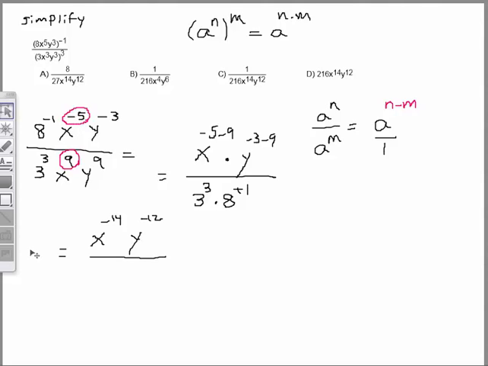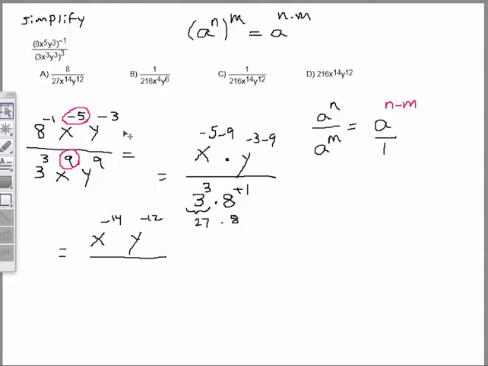And then here we have a large number. So what we can do is you can use your calculator if you like to multiply that. Can somebody tell me what do you get if you multiply that? That would be 3 to the power of 3. What is 3 to the power of 3? 3 times 3 times 3 would be 27. So it would be 27 times 8, right?